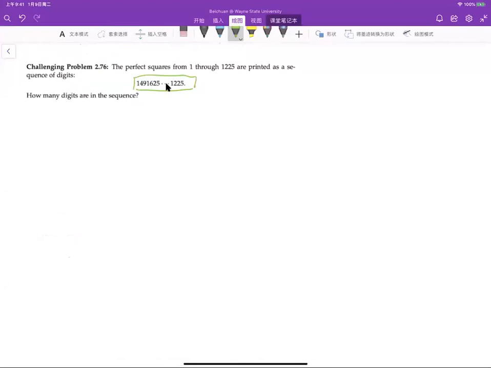So first we know that this number consists of all the squares from 1 to 35. So 1225 is the square of 35. So basically, this is the first thing you need to know. And then we should know that for 1, 2, 3, their squares only have one digit.